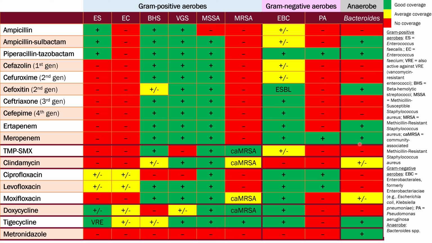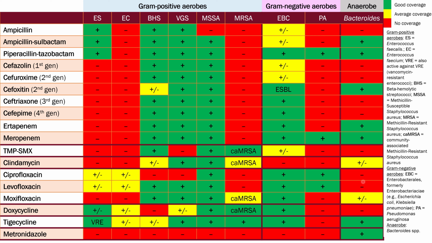And when it comes to clindamycin, the activity against Bacteroides over time has gone down. So nowadays, clindamycin has poor activity against Bacteroides, which was not necessarily the case in the past. The same is true with moxifloxacin, which has relatively lower activity against Bacteroides.